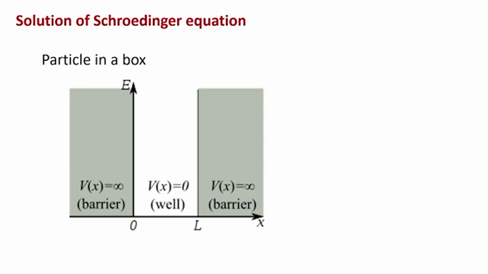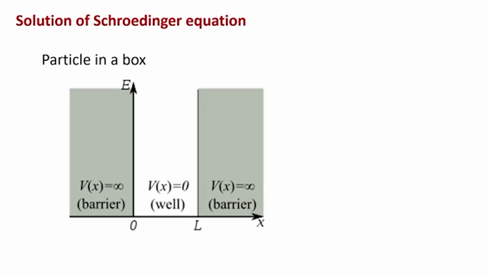Okay. So, the simplest problem that you do is the particle in a box. This problem is quite well studied, and one talks about these nanostructures and quantum structures, quantum confinement.